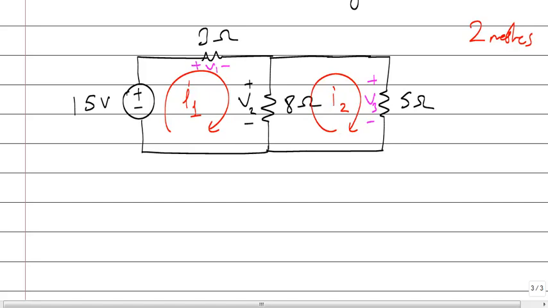Okay. So what's V1 in terms of mesh currents? What's V1? Use Ohm's law. Resistance times current. What's resistance? 3. What's current? What's the current on it? I1. Good. V2. Resistance times current. Resistance 8. Current.